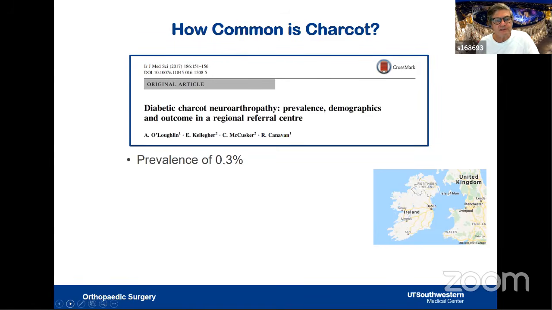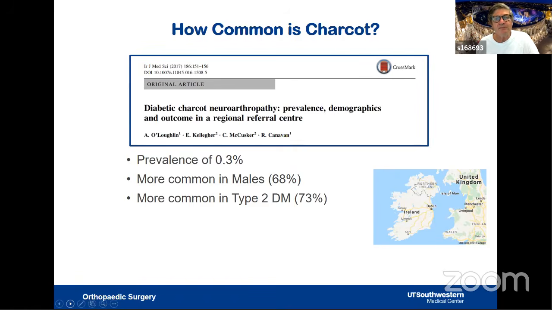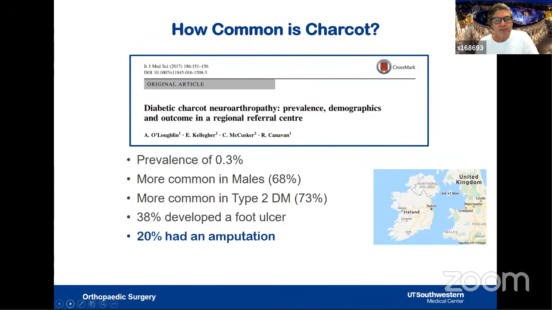That's 3 patients for every 1,000. It was more common in males, nearly 2/3 of patients, and more common in patients with type 2 diabetes. And it's interesting, in their particular center, nearly 40% of patients ultimately developed a foot ulcer. And we'll find out why that's very, very important. 20% of them had some form of amputation, but only 5% of the patients in this particular center had undergone a surgical procedure.